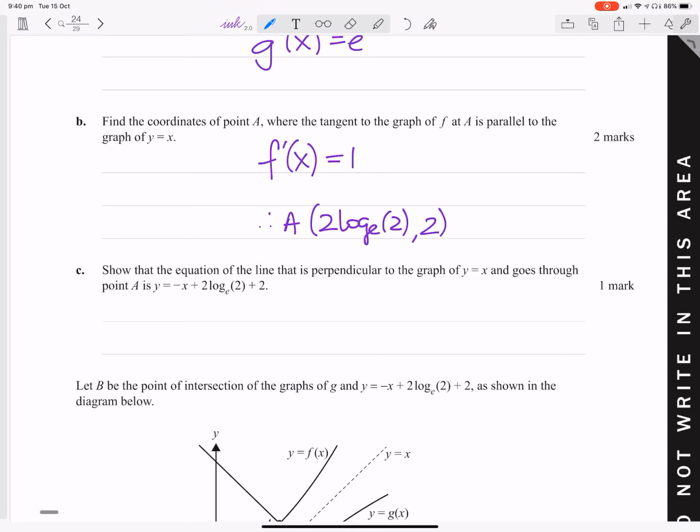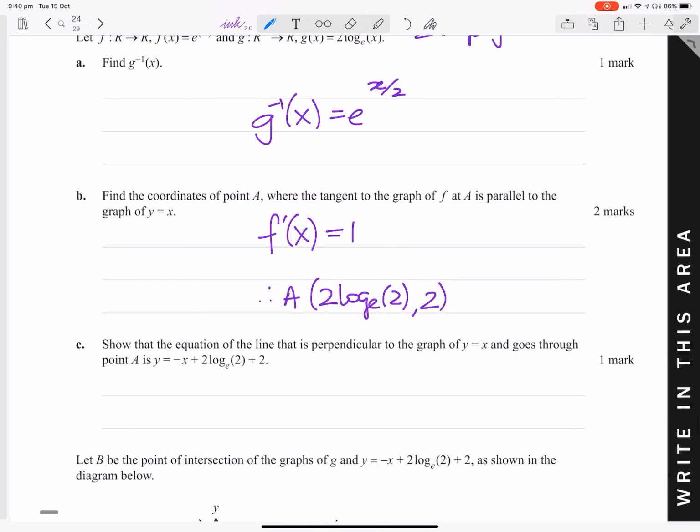Show the equation of the line that is perpendicular and goes through the point A. So we actually have to find the equation of the perpendicular line.